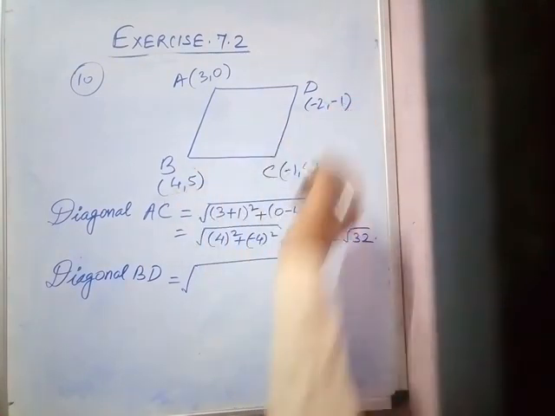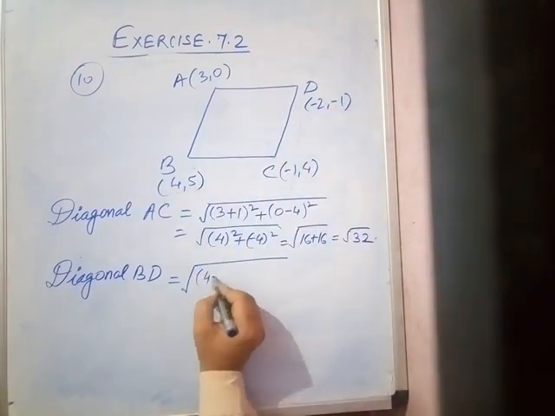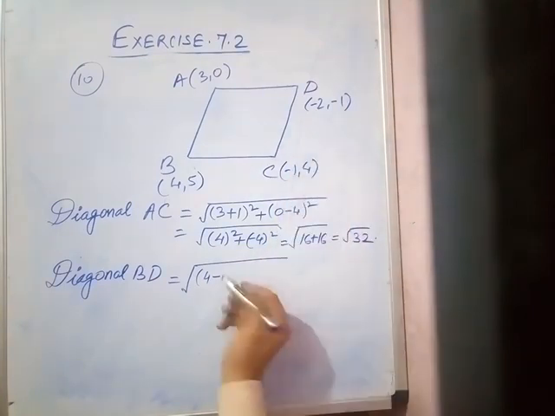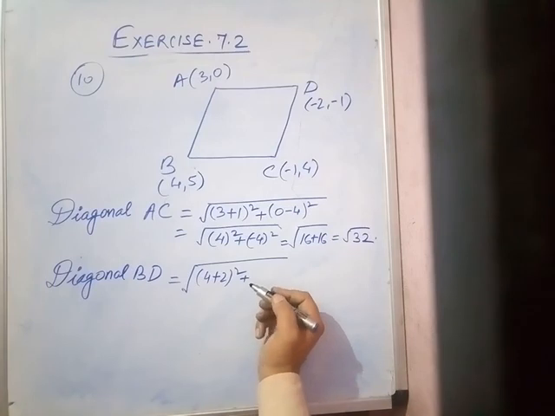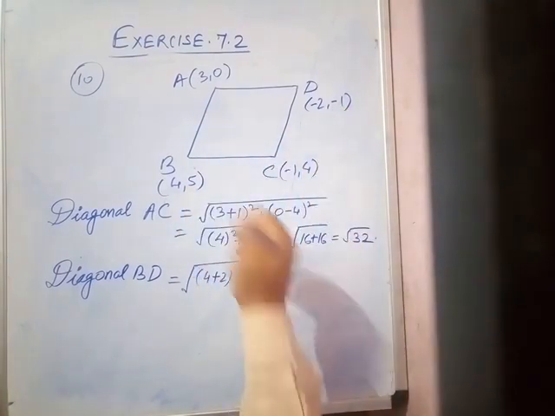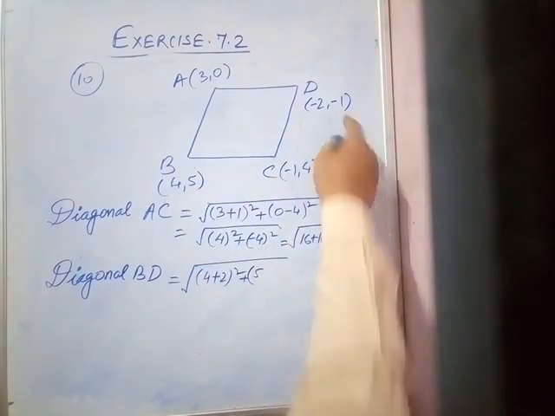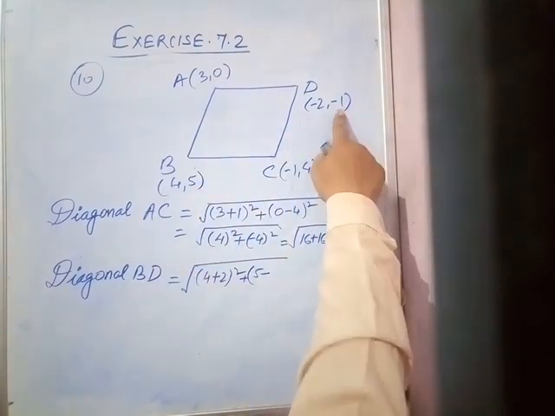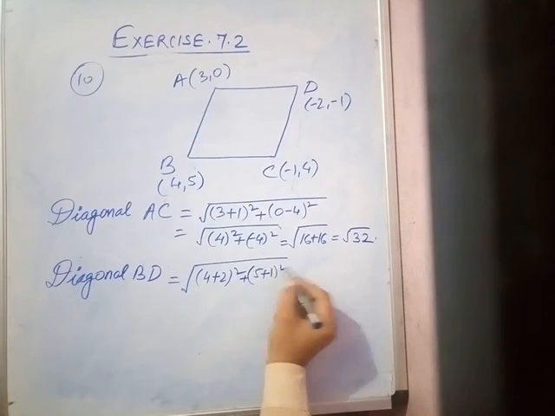So x1 minus x2, that is 4 minus -2, so it is positive 6, plus 5 minus -1, so it becomes positive 6 whole square.